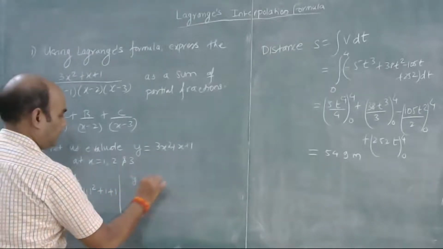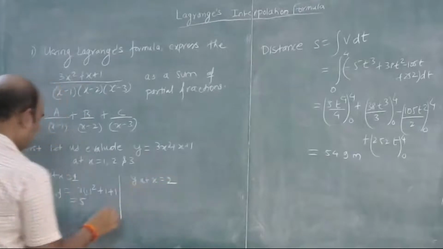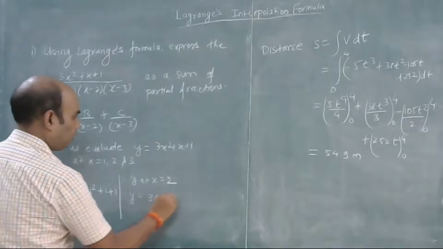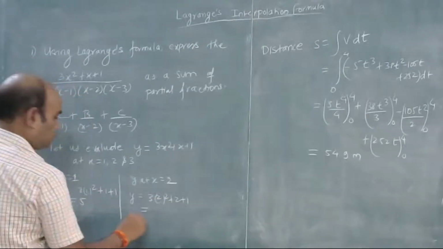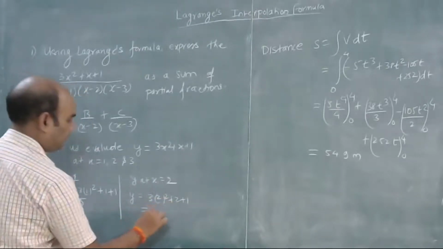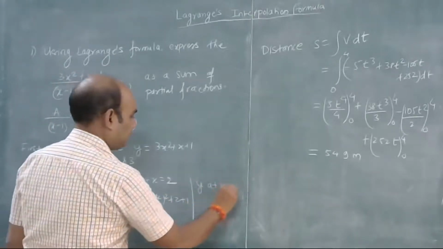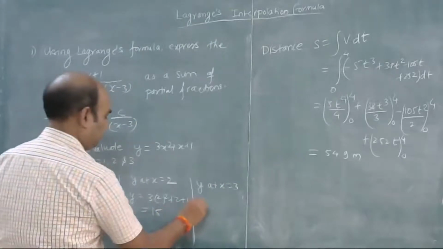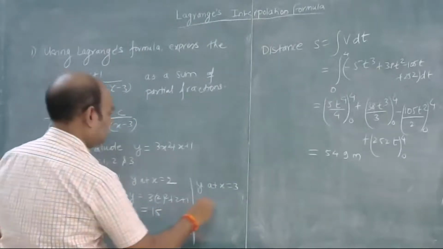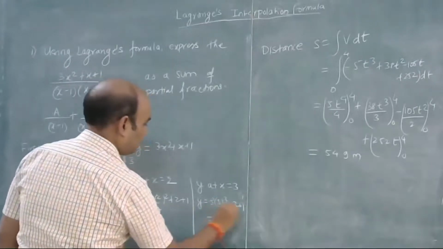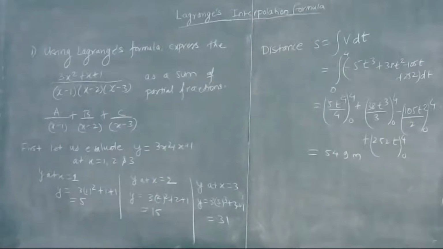Y at x is equal to 2: y will be equal to 3 into 2 square plus 2 plus 1, so this is 12 plus 3, which is 15. And y at x is equal to 3: y is equal to 3 into 3 square plus 3 plus 1. So you get these values of y corresponding to x.